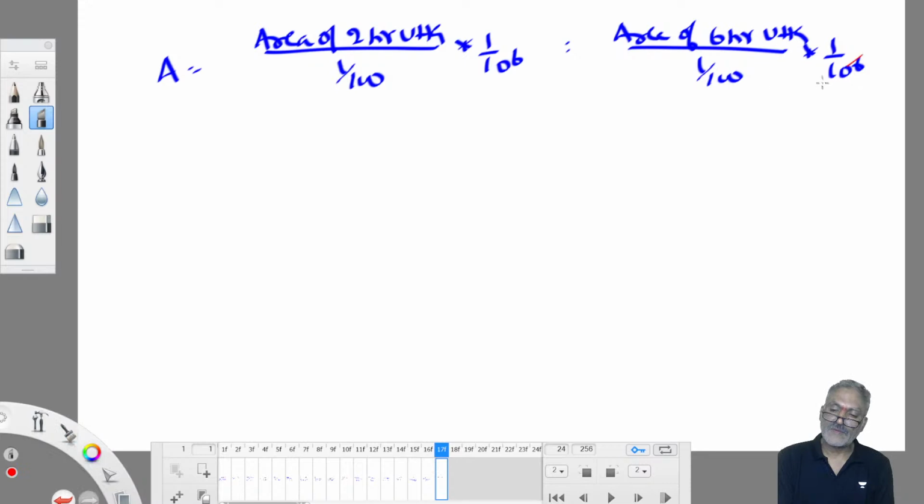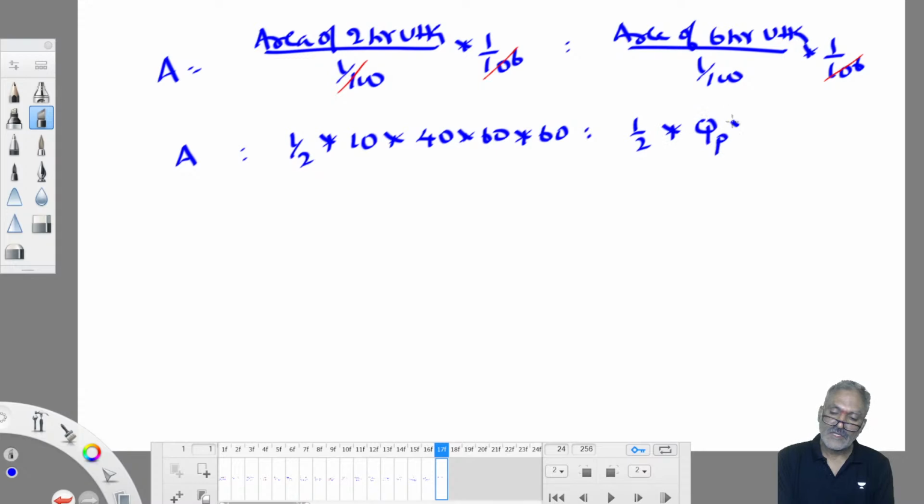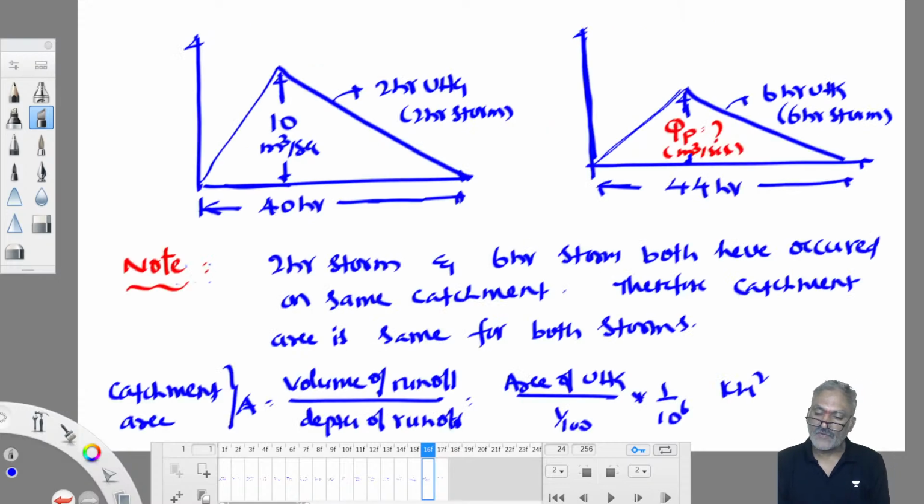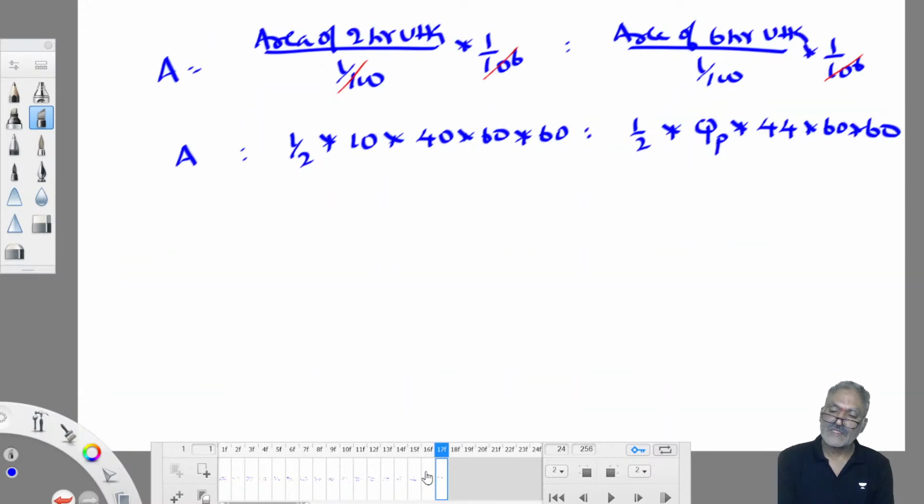So almost all of them cancel out. Then what you are left with is the area of the 2-hour unit hydrograph. What is the area of the 2-hour unit hydrograph? Half into 10 into 40 into 60 into 60. The area of the 6-hour hydrograph is half into QP into 44 into 60 into 60, because this is producing runoff for 44 hours, while this is producing runoff only for 40 hours.